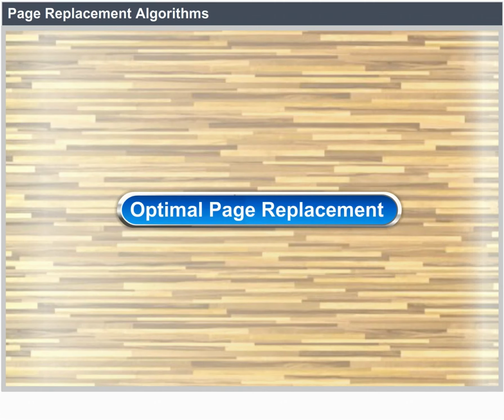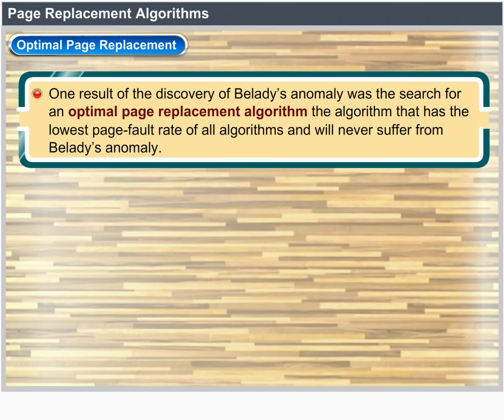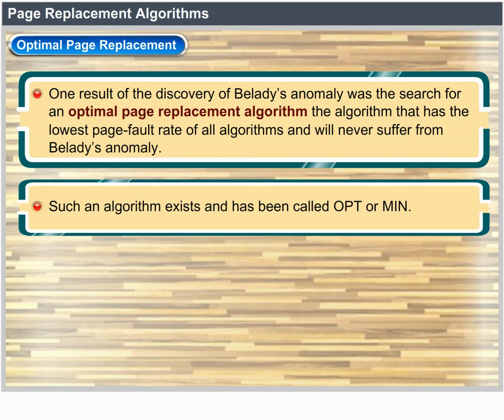Optimal page replacement. One result of the discovery of Belady's anomaly was the search for an optimal page replacement algorithm, the algorithm that has the lowest page fault rate of all algorithms and will never suffer from Belady's anomaly. Such an algorithm does exist and has been called OPT or MIN.